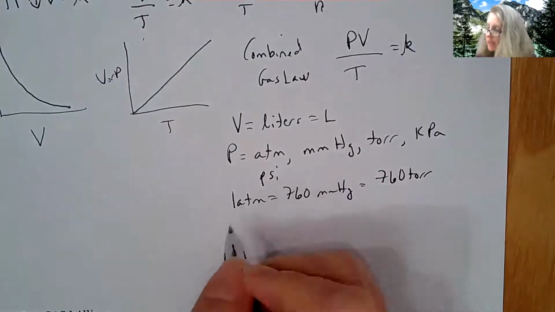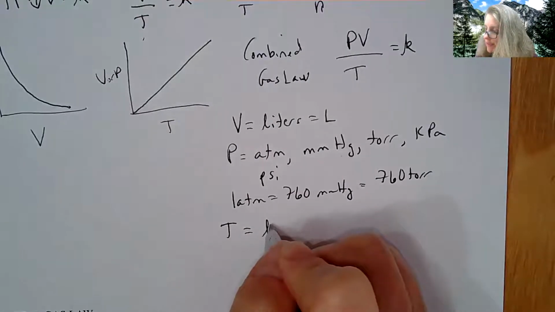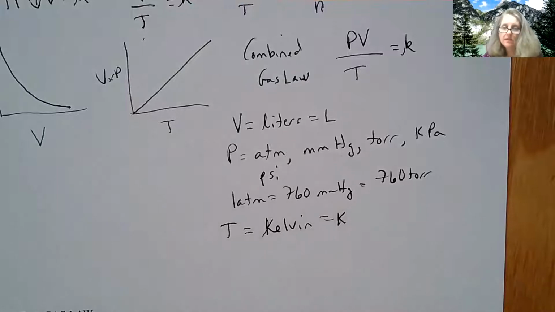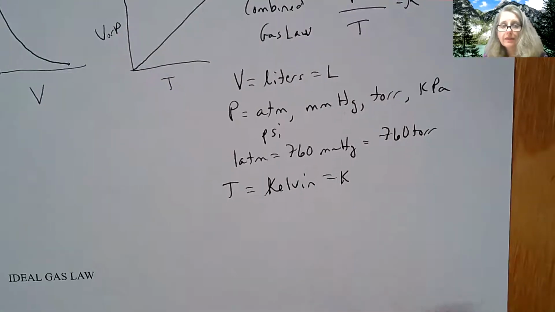Okay. And temperature is going to be in Kelvin. So it's capital K. And this is the one place in chemistry where it needs to be in Kelvin. So before, when we were doing thermo and we were focused on the change in temperature, this one you have to have everything in Kelvin.